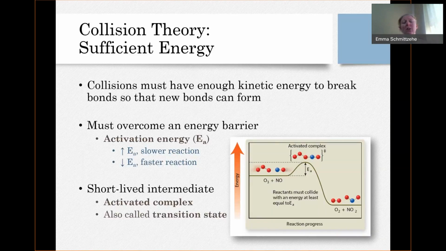But as the new bond is forming, connecting those things, you also have some bonds breaking. And so that's why this is a short-lived intermediate. For a very short time, it is kind of connected, but it very quickly breaks apart into the products.